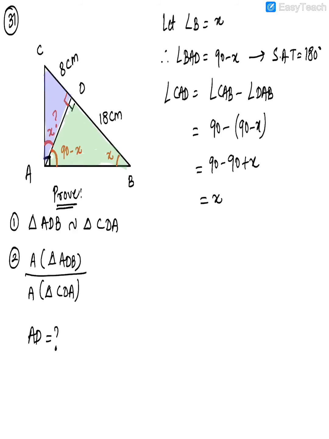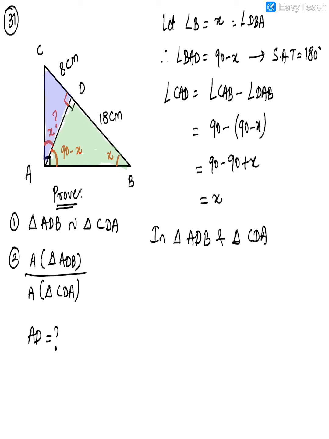So our first statement is that angle ADB is equal to angle CDA. The reason is 90 degrees, right? It's given. So I'll write it's equal to 90 degrees and the reason is given.